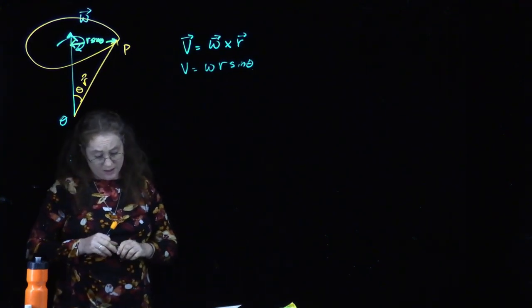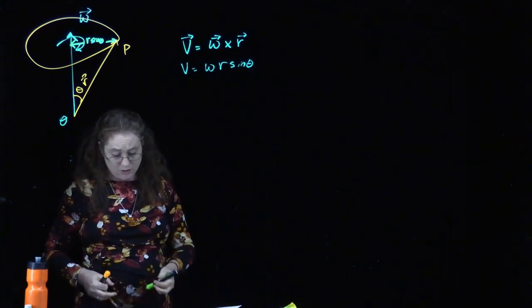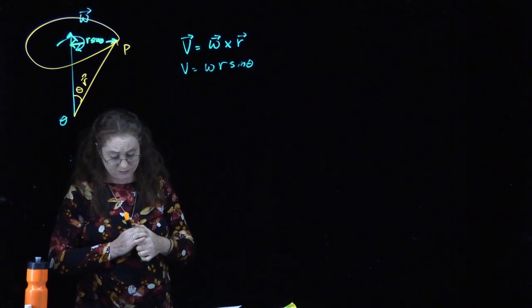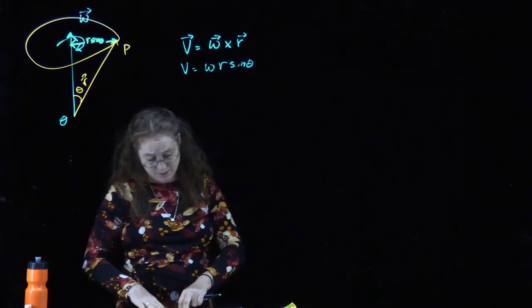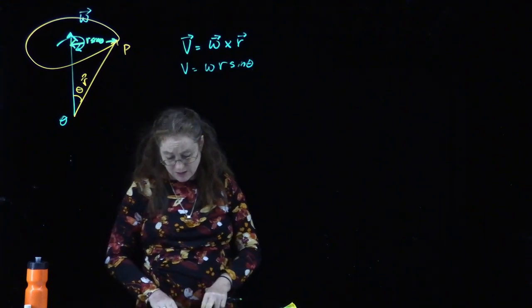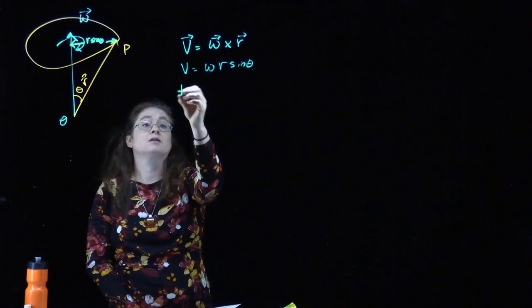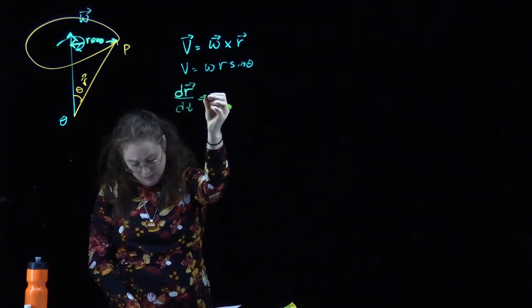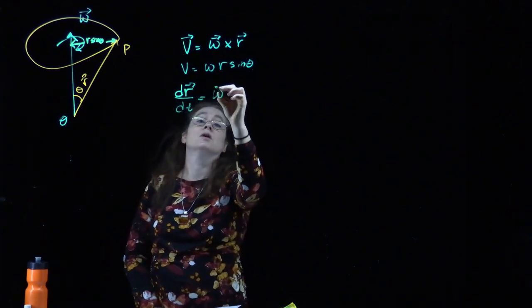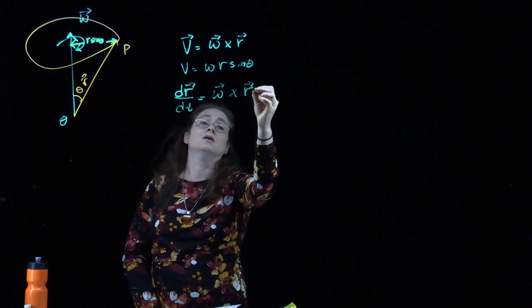And then we want to ask about the time derivative of an arbitrary vector. So this is telling us that the time derivative of r is equal to omega cross r.